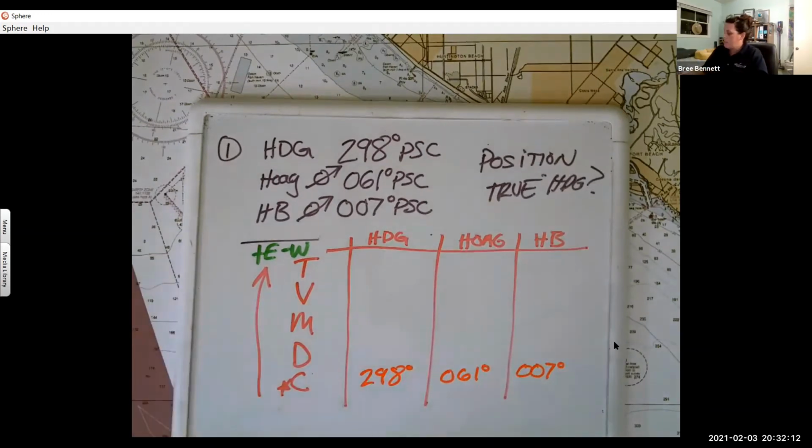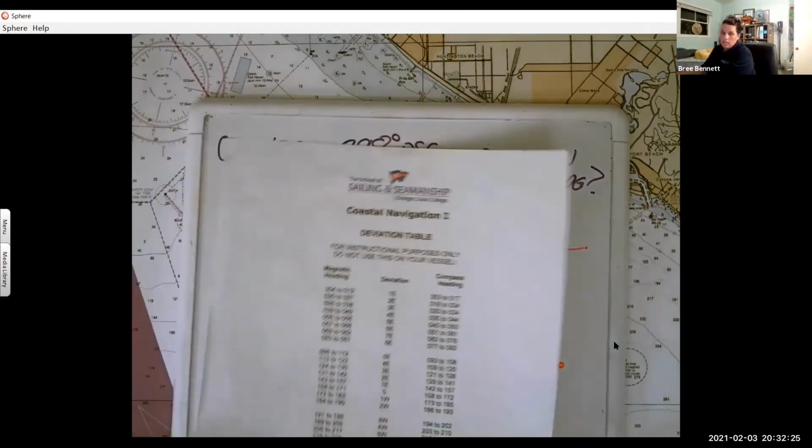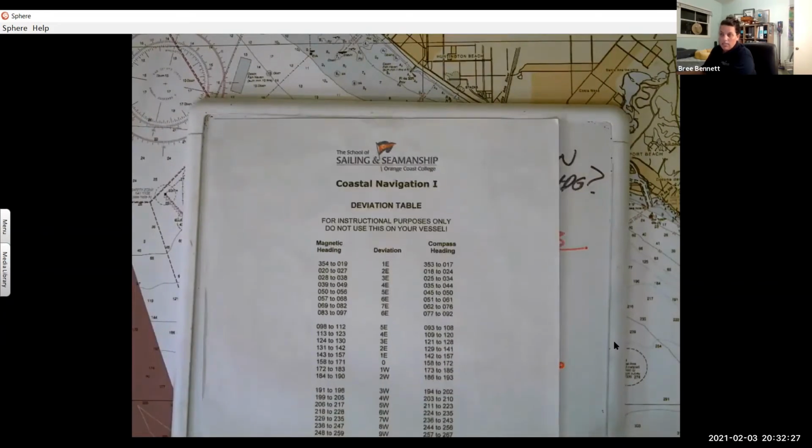So my first step in doing this is to see what my D is. I have to go from C to D, apply my D to get M. So I need to look at my deviation table.